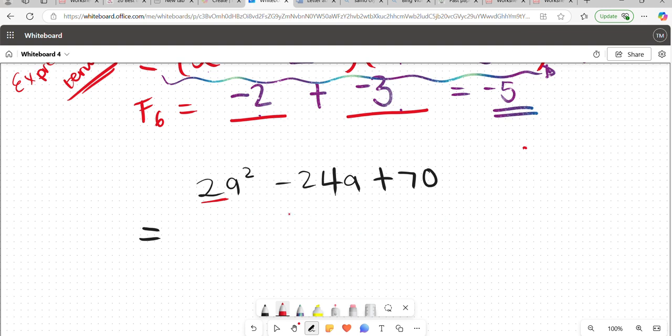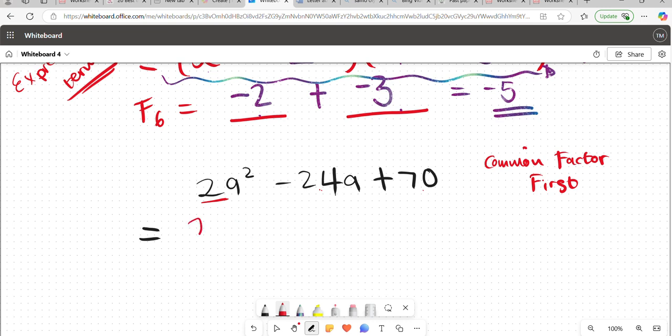And with these ones, what we need to do is common factor first. So you'll notice that these factorizations overlap every single time. So we do common factor first. The common factor that I can take out is, I notice there's a 2 there, there's a 24 there, there's a 70 there.